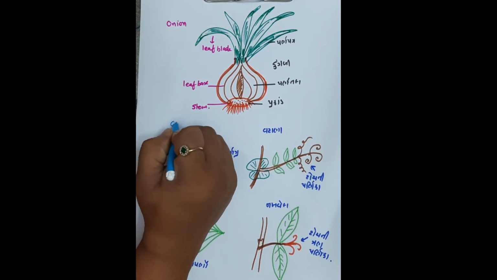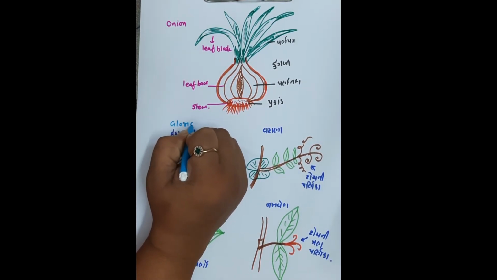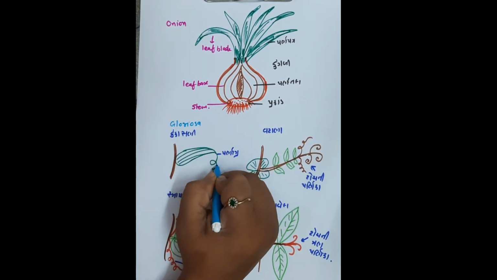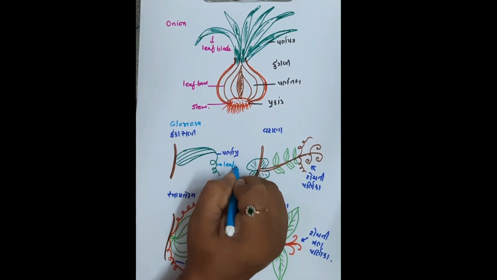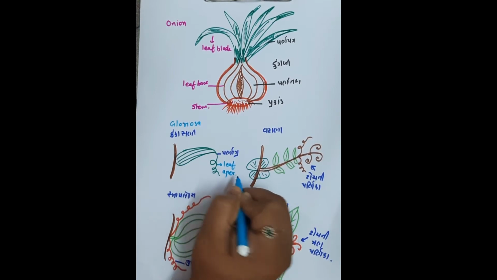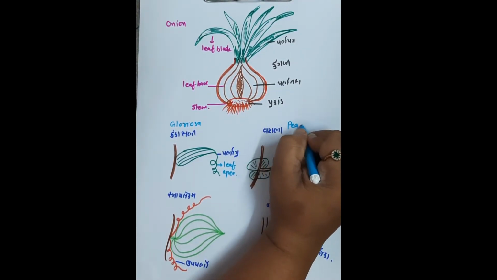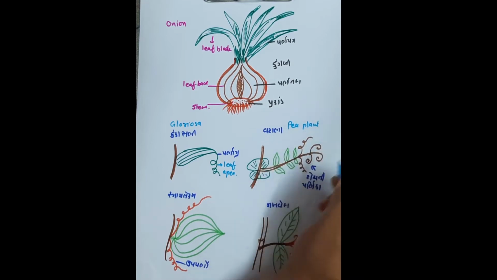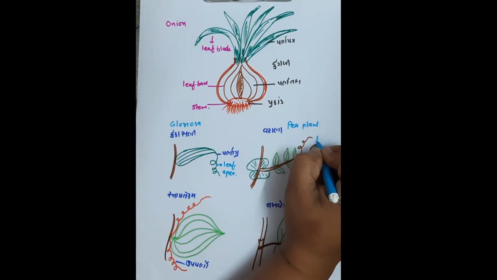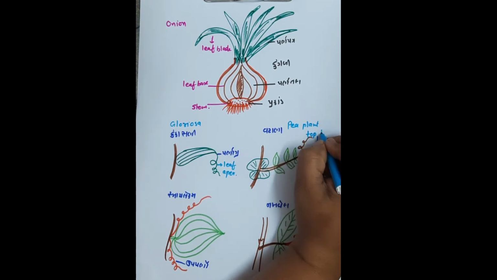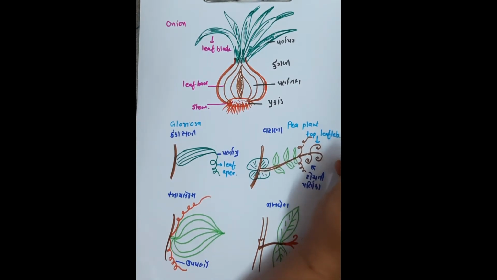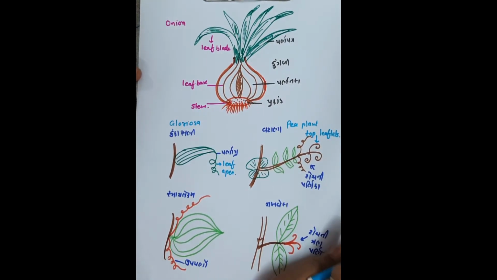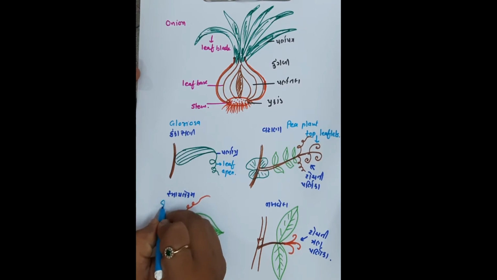So this is gloriosa. Here the leaf apex becomes tendrillar. Pea plant, again in pea plant, the top leaflets become tendrillar. This is smilax.